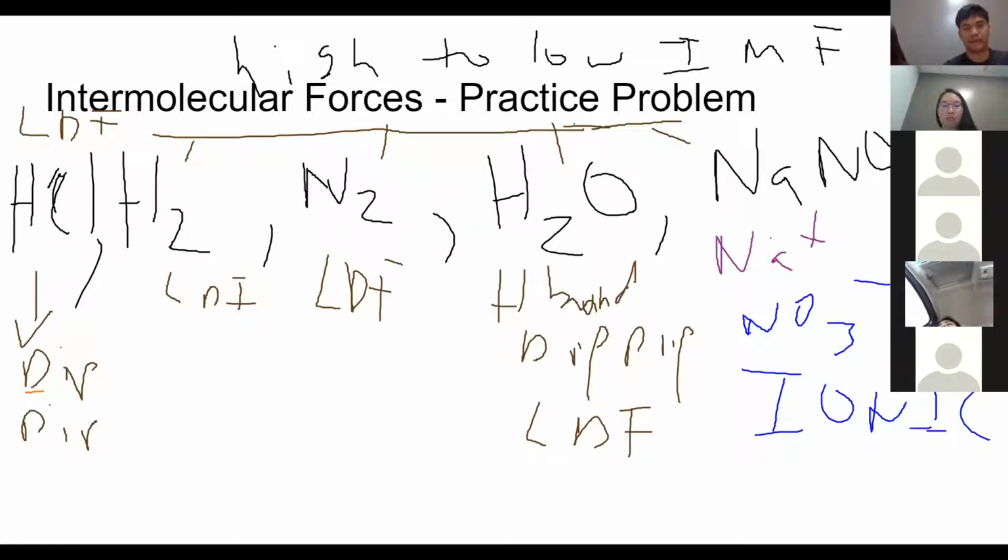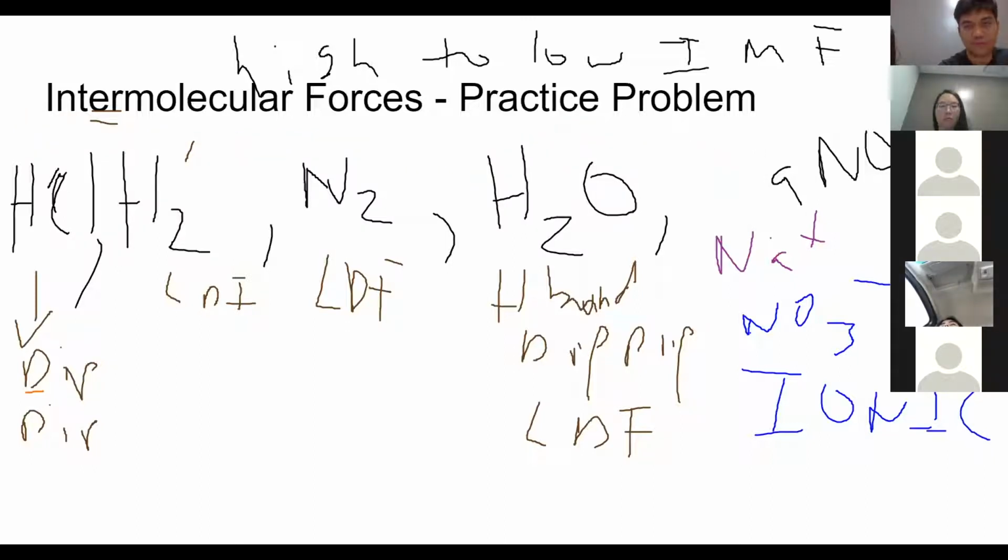So now that we have all of that, I'm going to clear all the drawings. Let's just erase this part. So if we were going to rank them from high to low, what would be first?